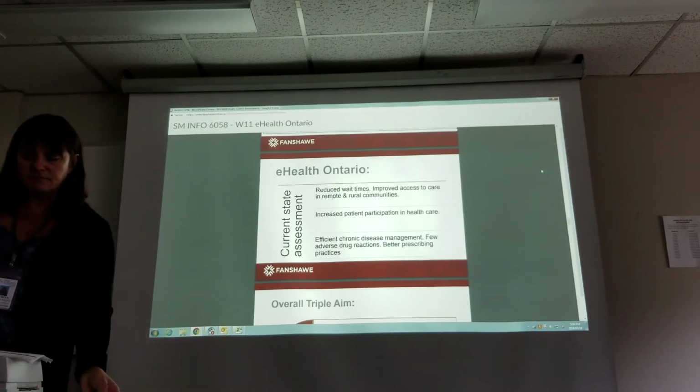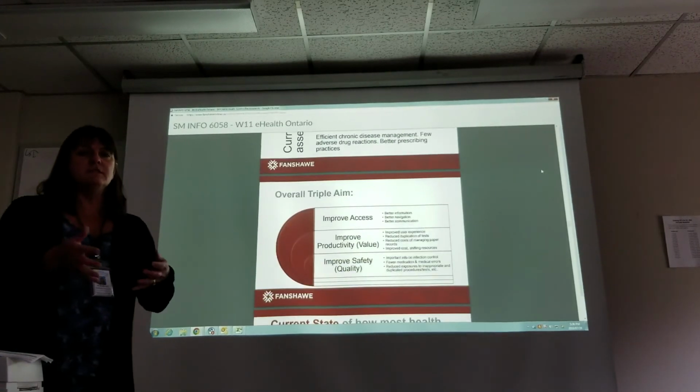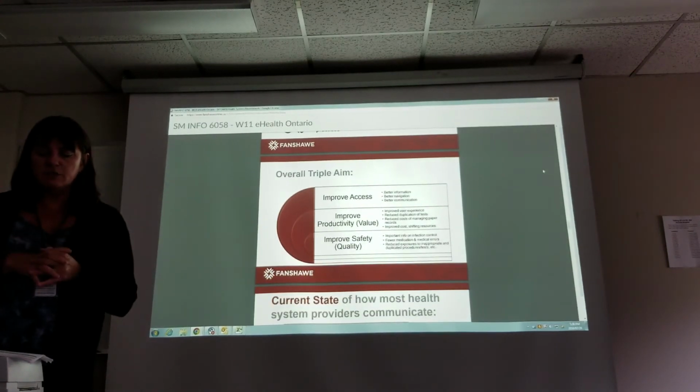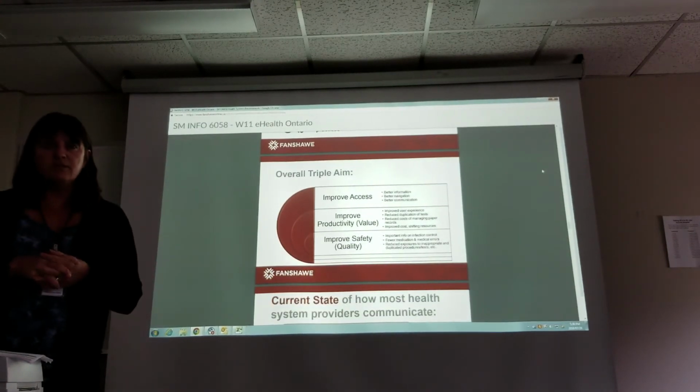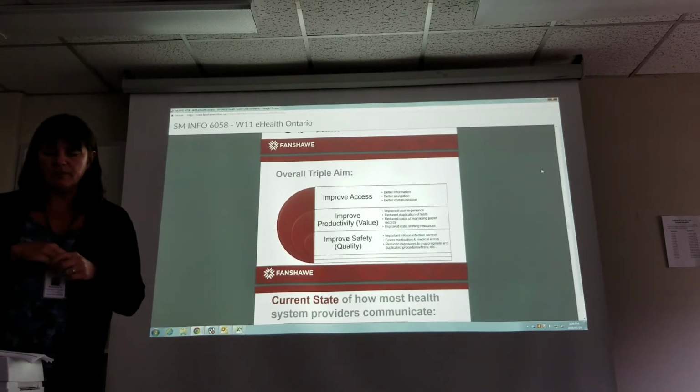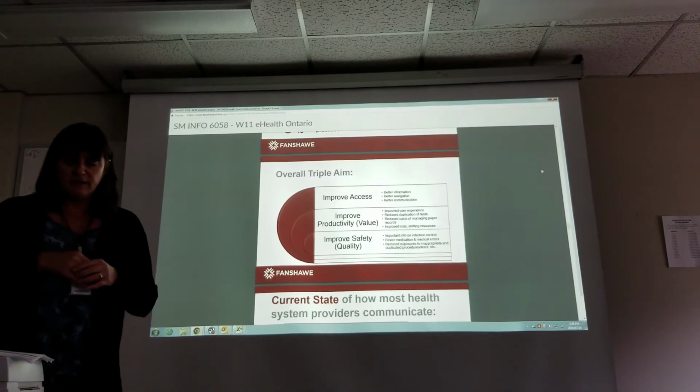Next slide, please. The triple aim, similar to the Canada Health Infoway, of course, very consistent, is to improve access to the information contained within systems. So better information, better navigation, and better communication of systems going across various areas. Improved productivity.